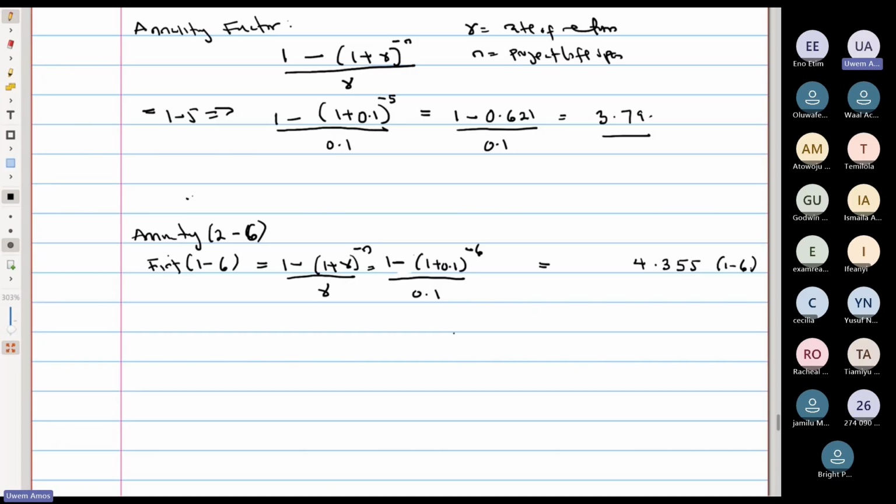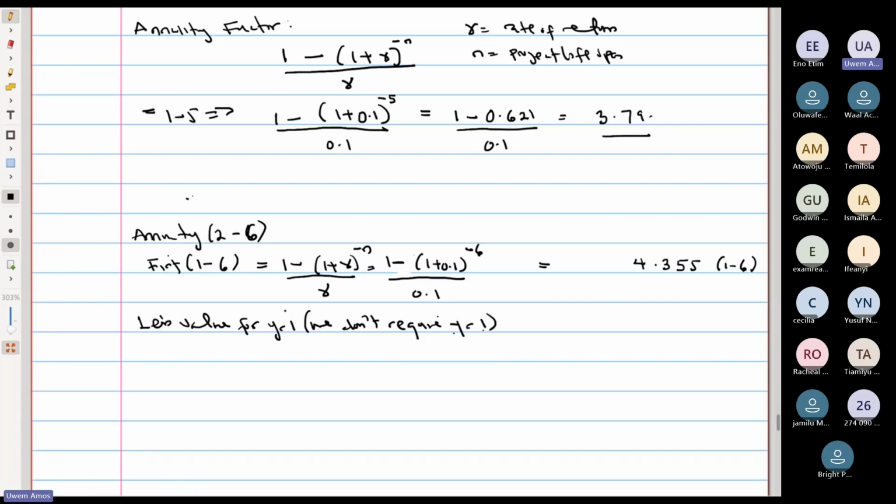So which of the years from 1 to 6 are we not interested in? Sorry, we're not interested in year 1. That's what I mean. So we're going to less the value for year 1, because we don't require year 1. We only require year 2 to 6.